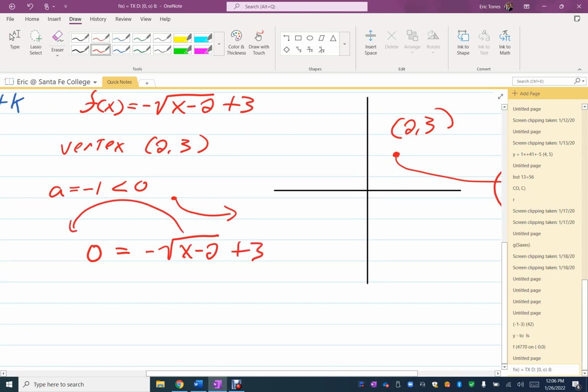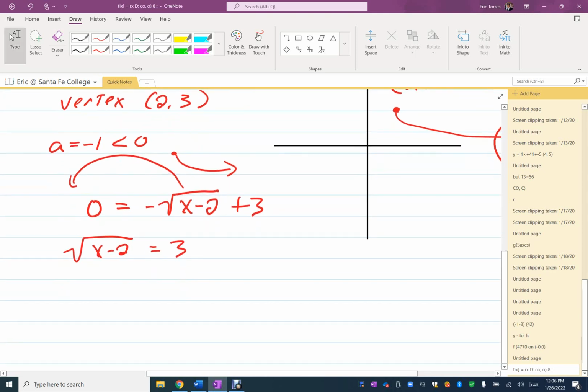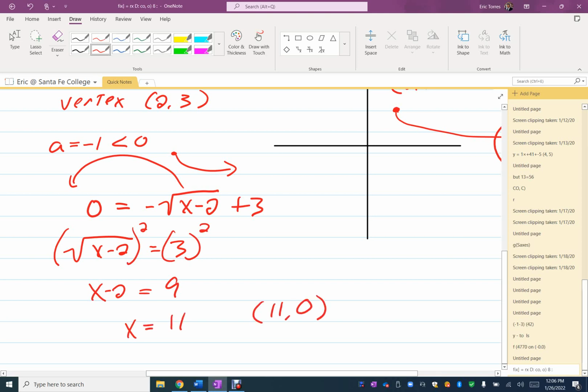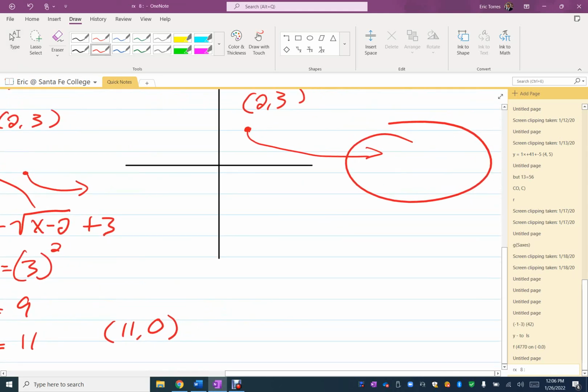I'm going to add this component to both sides so I make it positive. I'm going to remove my square root by squaring both sides. And then I will add 2 to both sides. So when x is 11, y will be 0. That's the point we were looking at over here, at 11, 0.